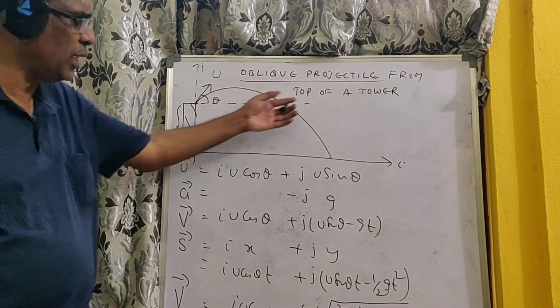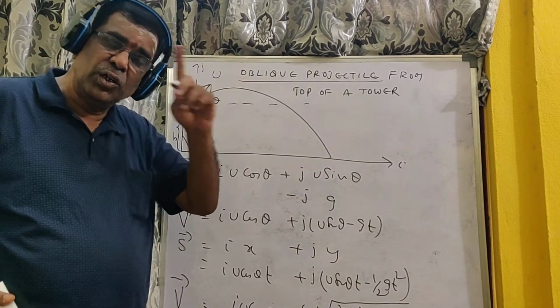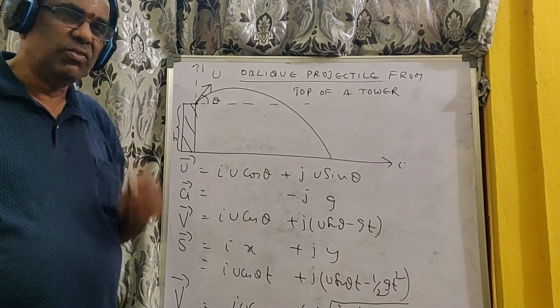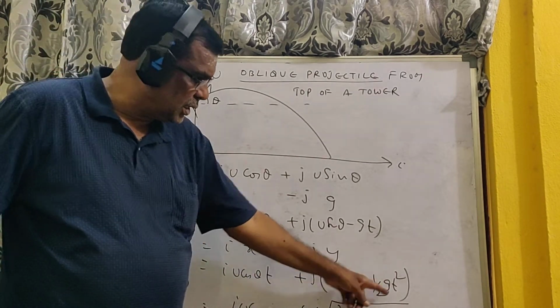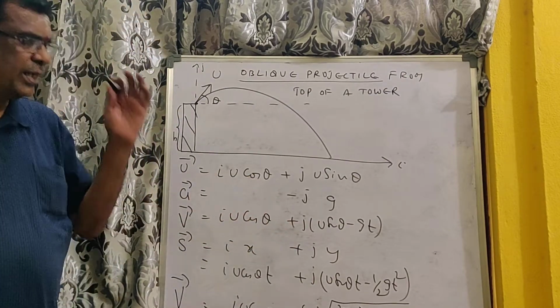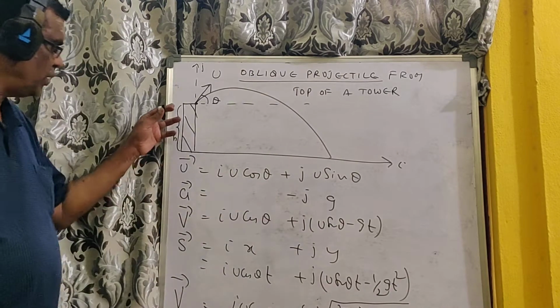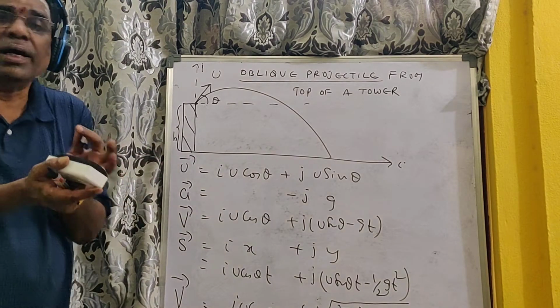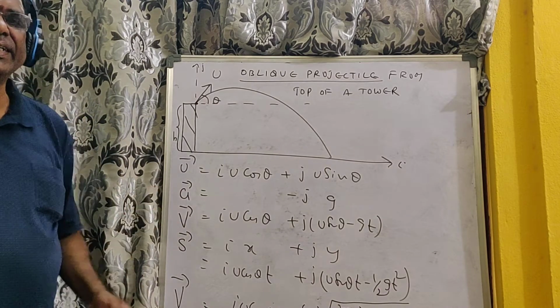Now, if I ask you what is the time of flight for this? Recall, I gave you one universal formula for time of flight. From here also you can get this. In the previous case, symmetric projectile, we equated that with 0, but now you equate that with minus h, because at the point of landfall, the displacement is minus h.